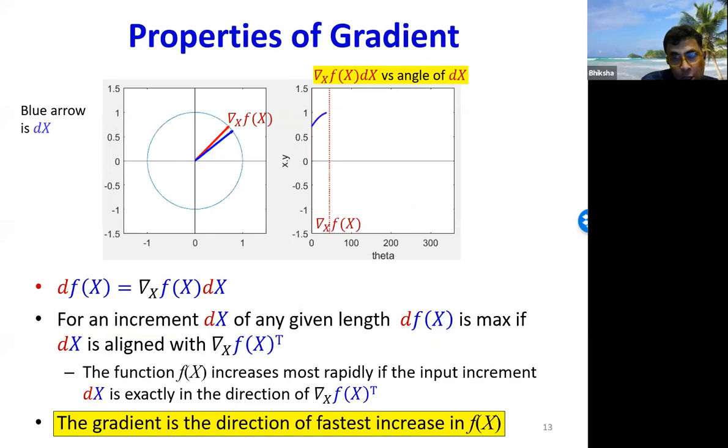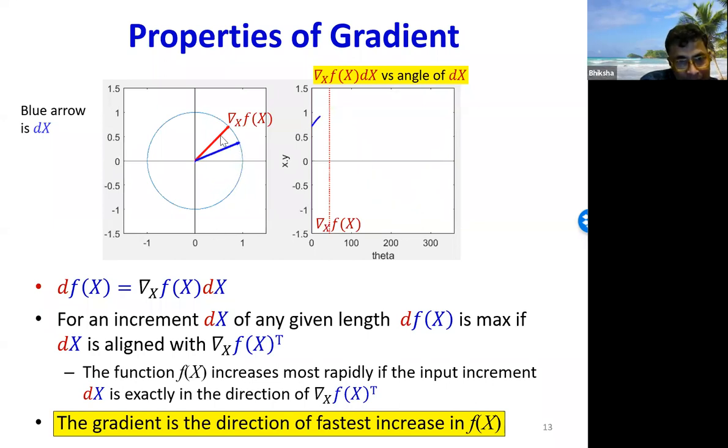So this is a well-known property that the inner product between two vectors is maximum when the two are perfectly aligned. And so when you go to the gradient, the gradient of a function at any point is given. The gradient is a property of the function. What you can change is this incremental step dx.